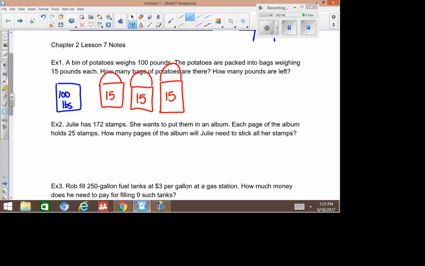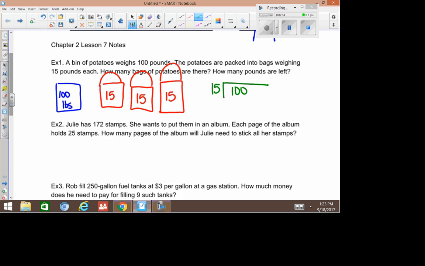I could add all of them. That might take a little while too. I could divide. I'm taking this bin and I'm dividing it up into bags. Do you agree? Yes. Okay, so that word dividing it up into bags tells me right away what I'm doing. So I'm going to do 100 divided by 15.